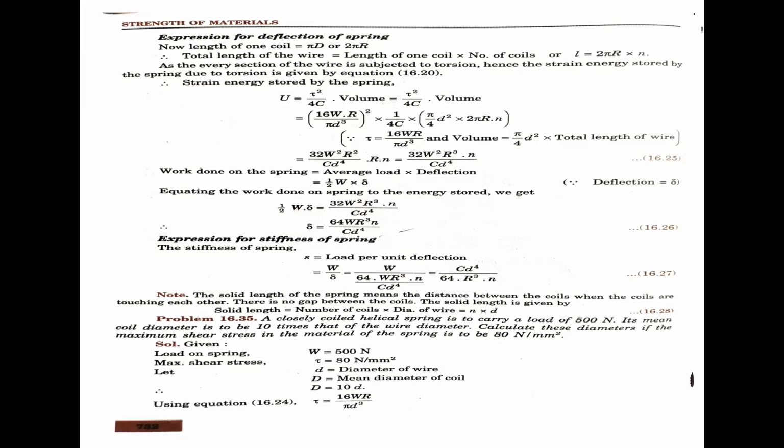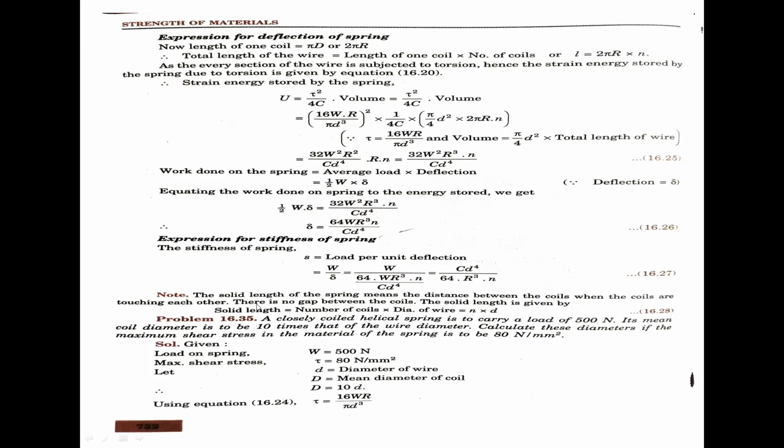Finally we get C d to the power 4 divided by 64 R cube into n. That is equation 16.27. For the stiffness, you have to calculate using this formula.